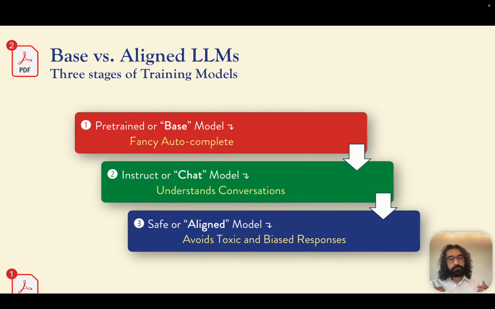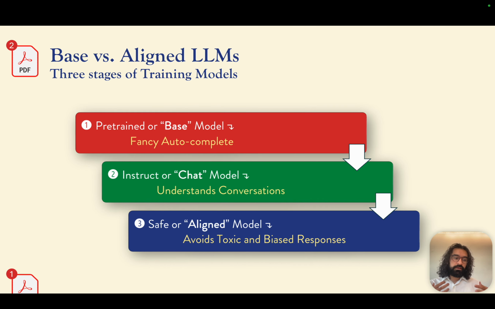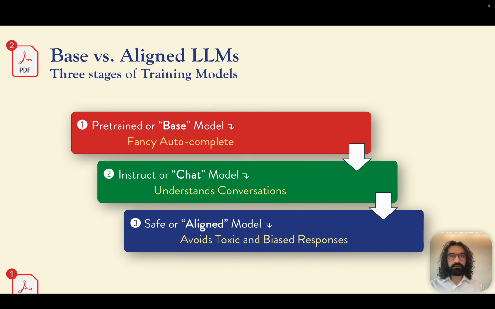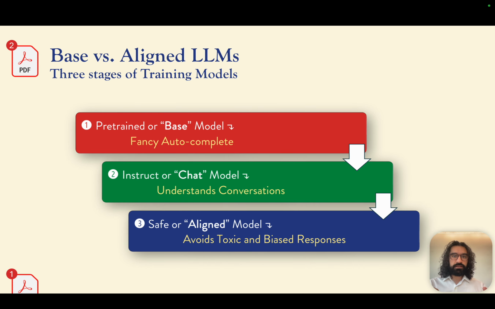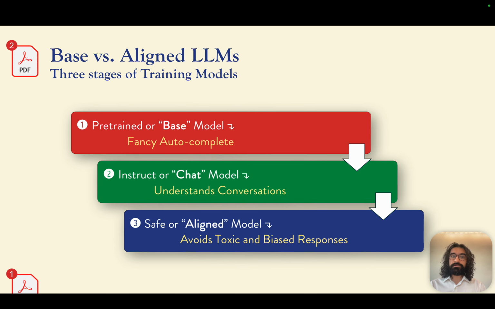And finally, the companies usually run this RLHF, or reinforcement learning from human feedback, process on the language model. This allows the model to avoid writing toxic or biased content. So it learns that if it writes certain kinds of content, it's going to get a penalty, and instead, if it writes other kinds of content, it gets rewards.